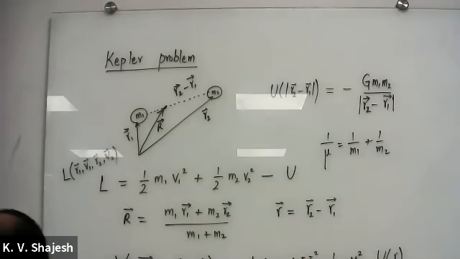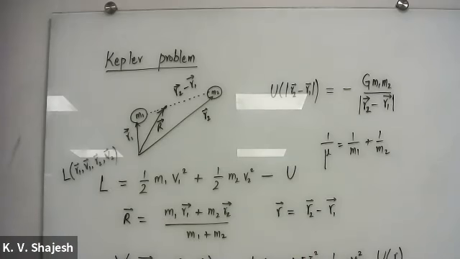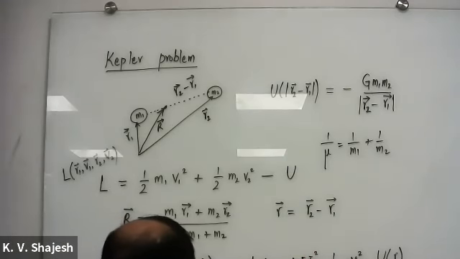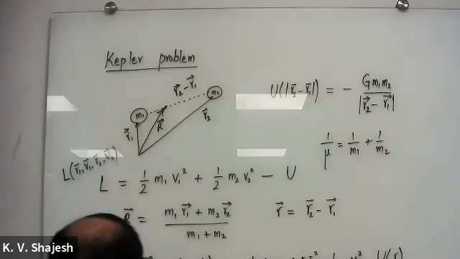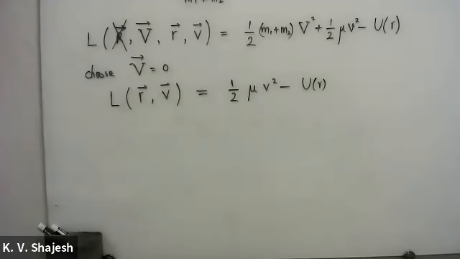And in that particular frame, I have the Lagrangian dependent only on 2 variables now: velocity and the relative position between the 2 objects. Our Lagrangian then is half mu v squared minus u, significantly simpler.